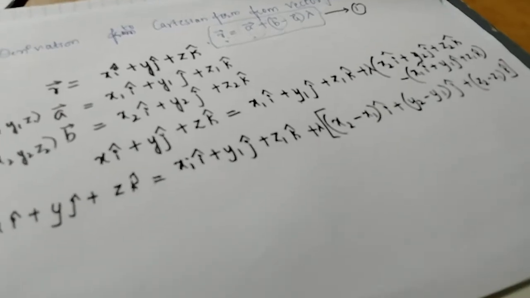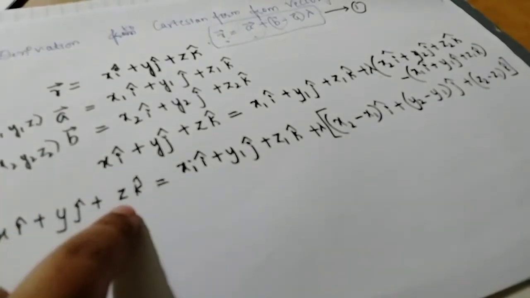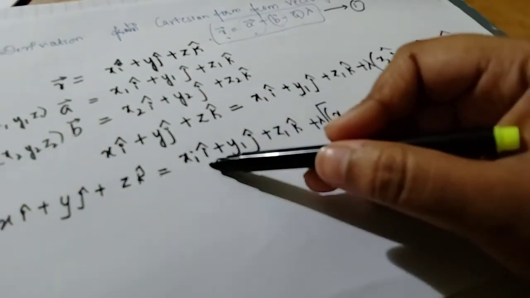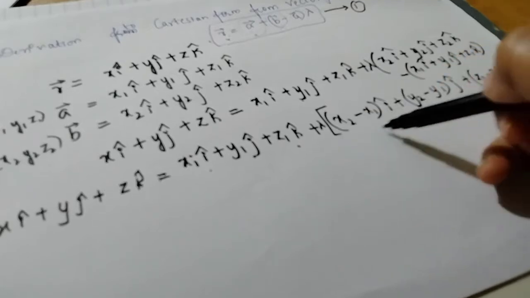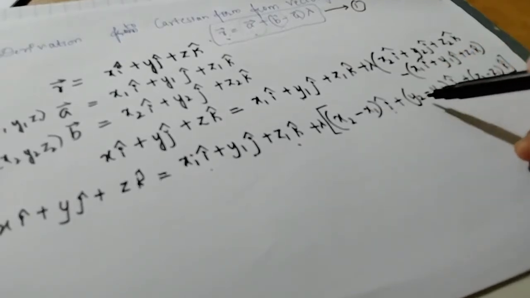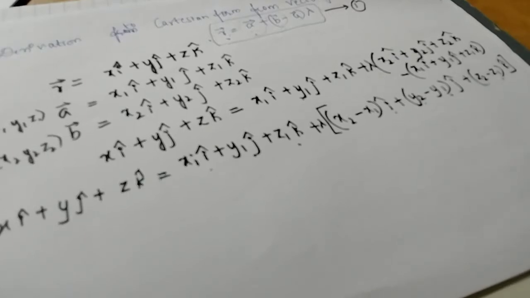Okay, so you get xi plus yj plus zk is equal to x1i plus y1j plus z1k plus lambda times of x2 minus x1 into i, y2 minus y1 into j, z2 minus z1 into k.